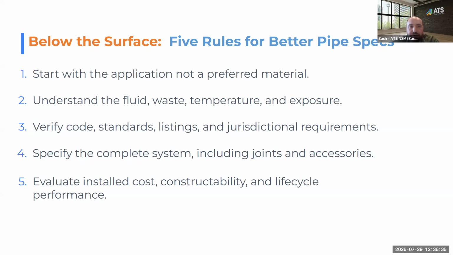But really, we've started to focus on more of a code-based, standard-based selection for these pipe materials and tying that into the spec that's included in your verbiage, whether it's your book spec, your schedule, however it is, but calling out the specific codes and standards and the materials that align with them.